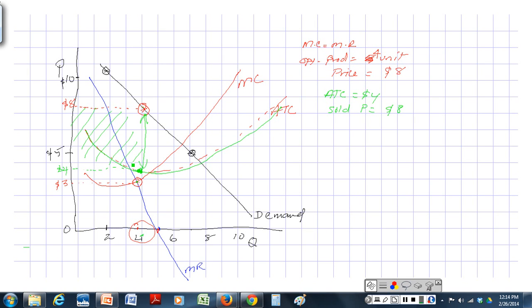If you want to calculate how much that is, the total profit is equal to the price at which they sell, which is $8, minus what it cost them on average, $4, multiplied by the number of units they produced, 4 units. That's about 4 times 4, so about 16. That's the total profit.